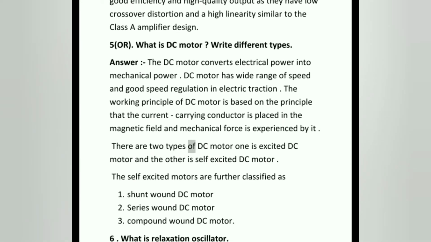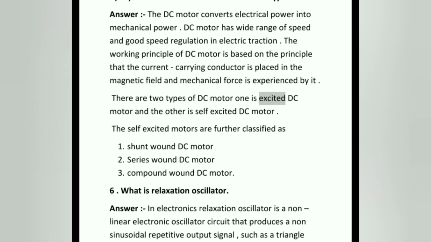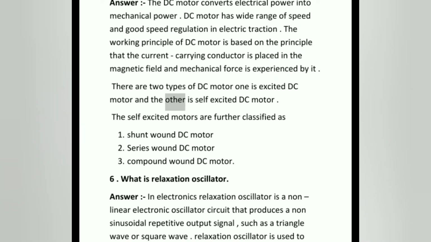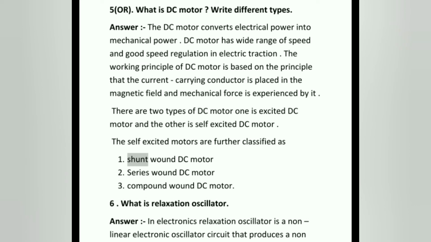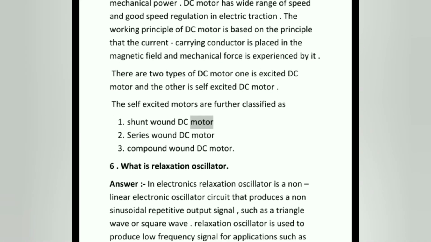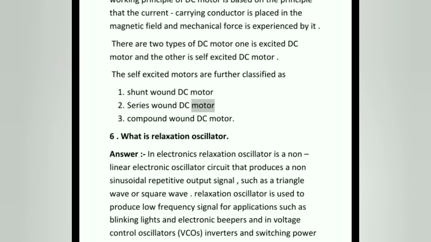There are 2 types of DC motor. One is separately excited DC motor, and the other is self-excited DC motor. The self-excited motors are further classified as shunt wound DC motor, series wound DC motor, compound wound DC motor.